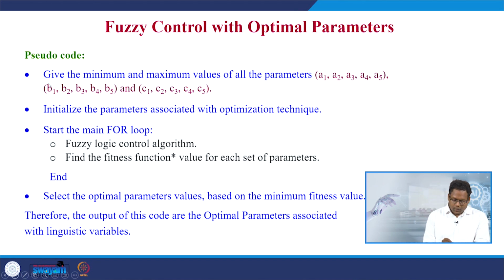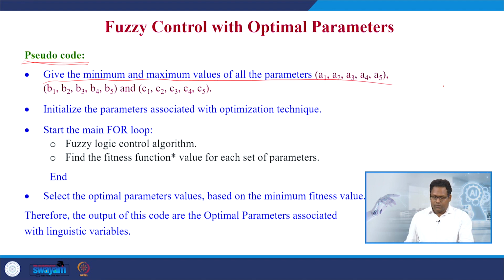The pseudocode for this fuzzy control with optimal parameters goes as follows: give the minimum and maximum values for all the design variables associated with the membership functions A1 to A5, B1 to B5, and C1 to C5, so that we have a constraint set where each design variable has a maximum and minimum range.